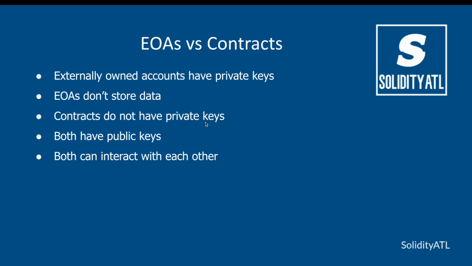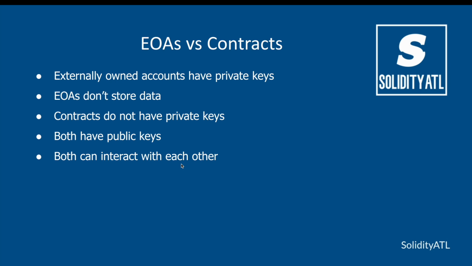As we know, because we're storing code, we're storing data on these contracts, it has to hold some type of data. And then both can interact with each other. It's very important to understand that your EOA usually interacts with your contracts, and contracts can interact with the EOA by sending fees or funds over to an EOA.